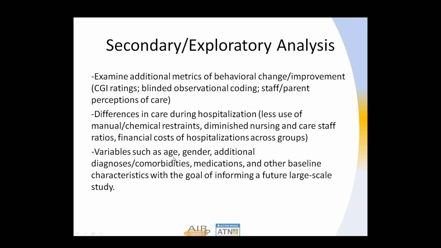Some of the things we're also paying attention to are the age of the kids, the gender, additional diagnoses, medications that the children may be on, and other baseline characteristics. And we're putting all these things together to determine if a larger scale study might be feasible.